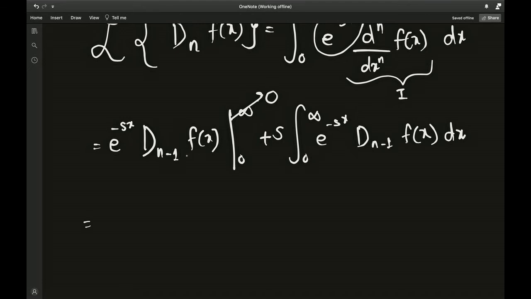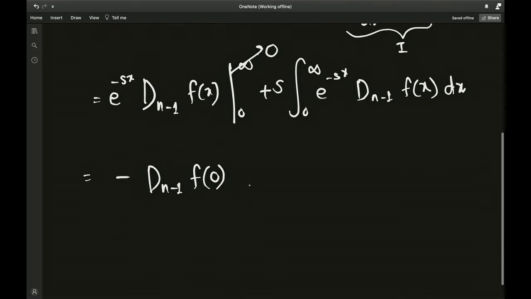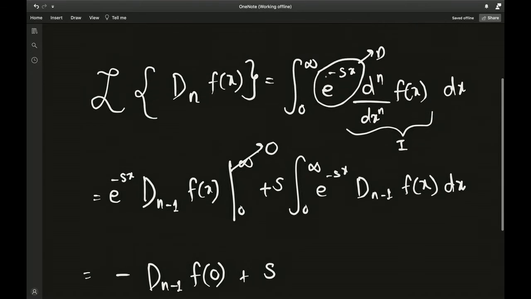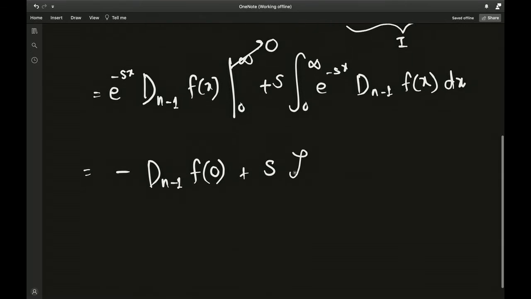But at 0, e to the 0 is 1, and we are just left with negative the n minus 1th derivative of f of x at x equals 0. And this guy, if you look at the formula we have above, is the Laplace transform of the n minus 1th derivative of f of x.